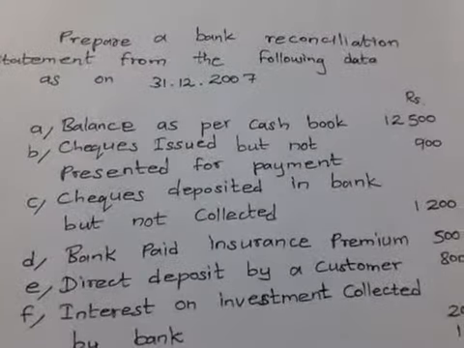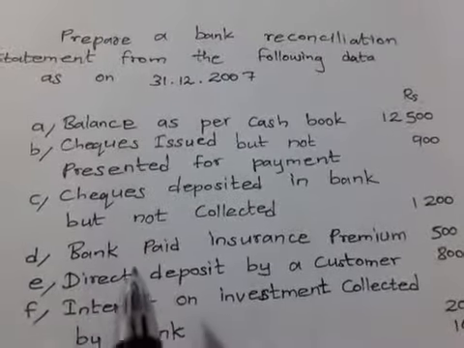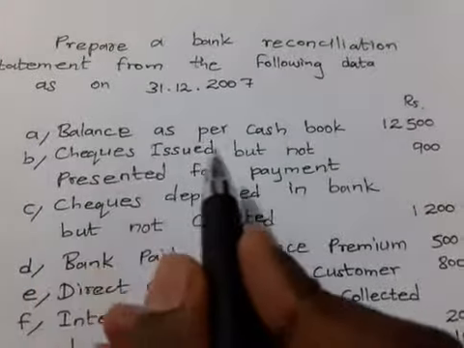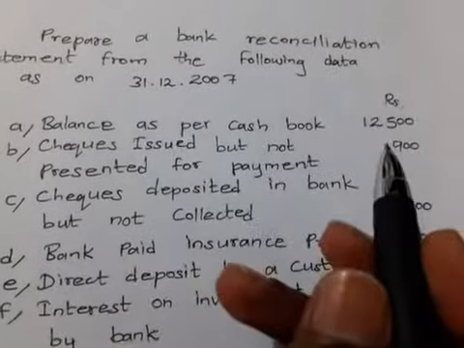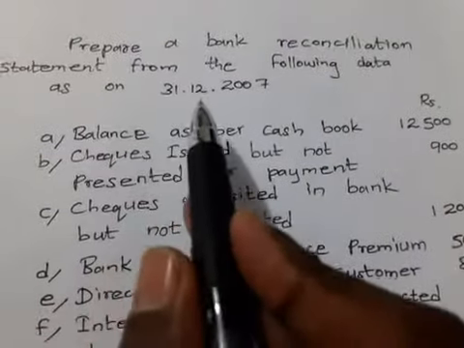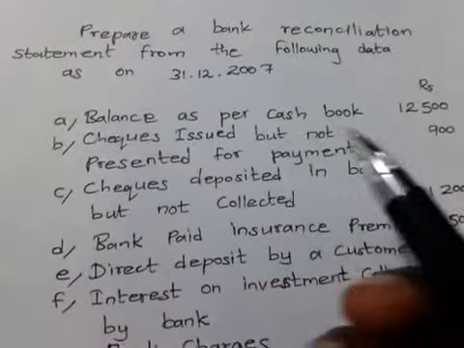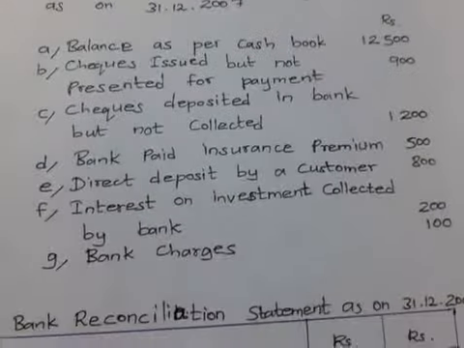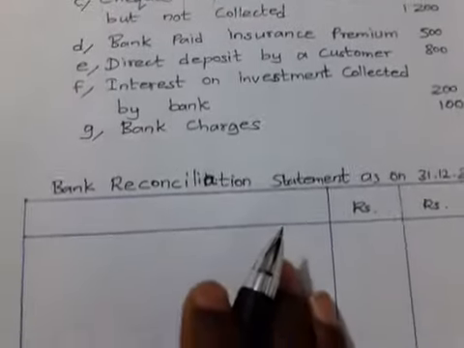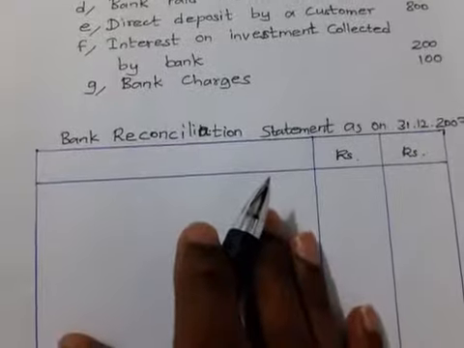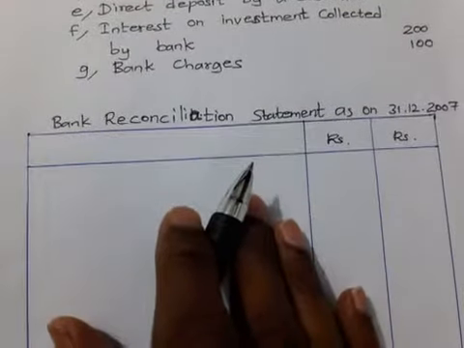The first thing they have said, the balance as per Cashbook is 12,500 as on 31st/12/2007. So first we have to record that balance amount in the reconciliation statement.